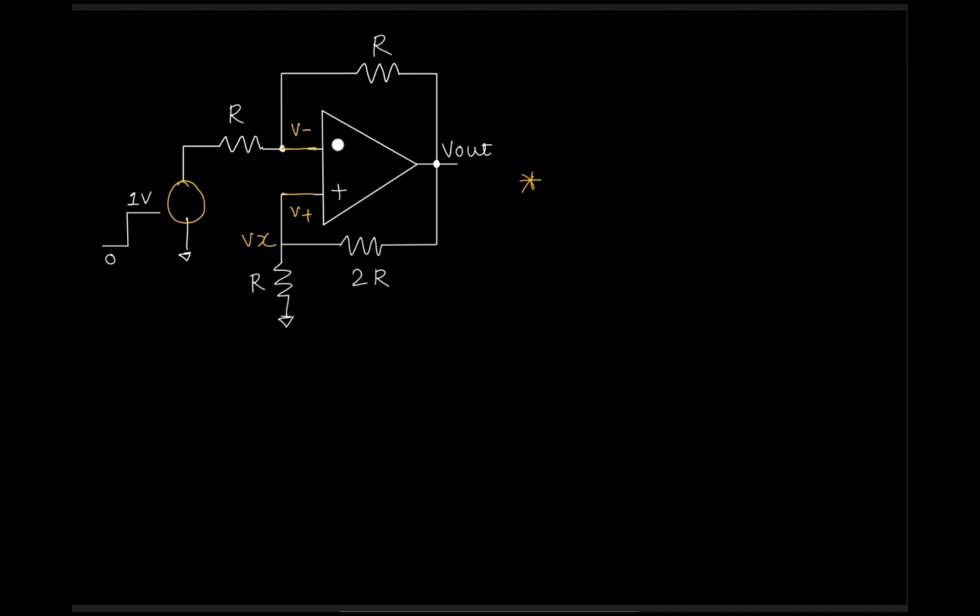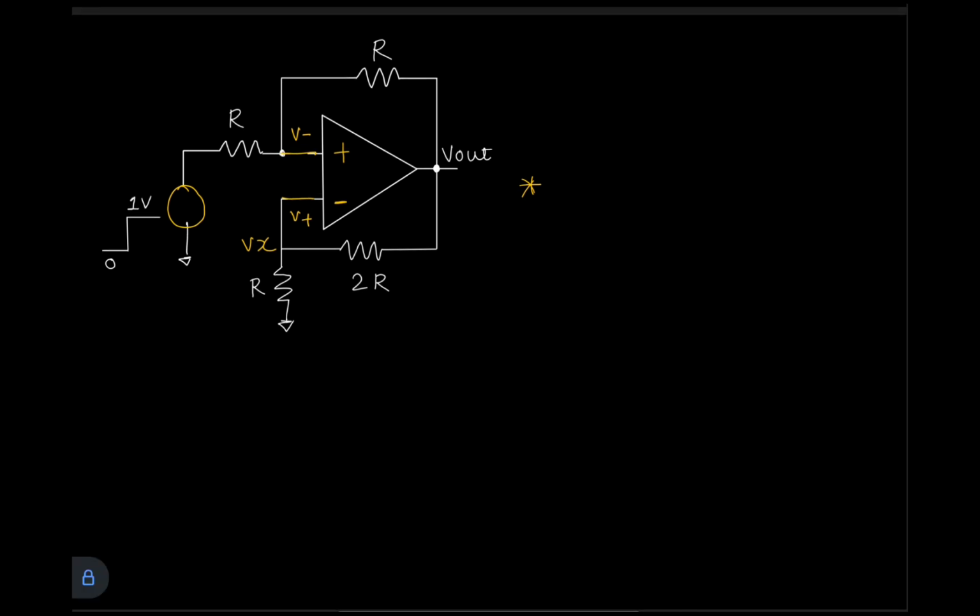In the next part they ask what will happen if I make this positive and this negative. So now V plus will be V out by 2 and V minus will be V out by 3. Now the positive feedback dominates the negative feedback.